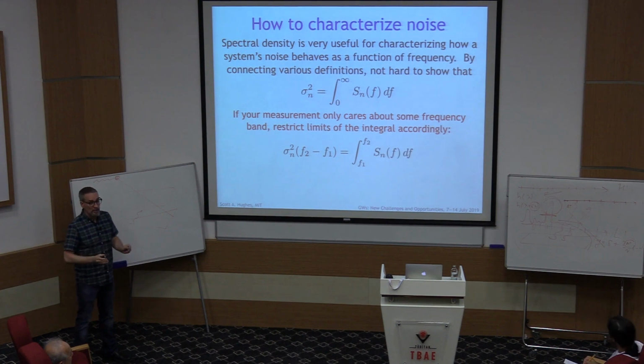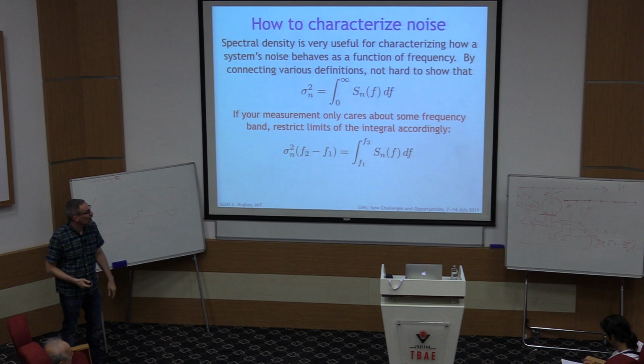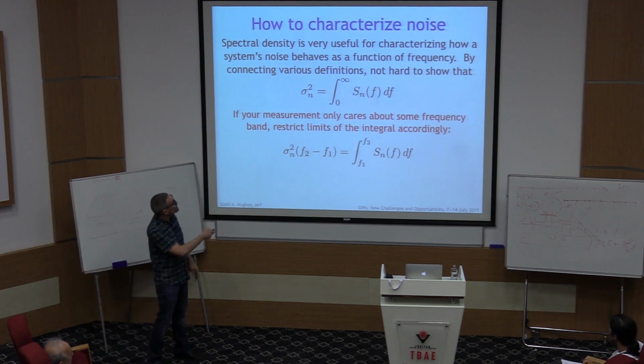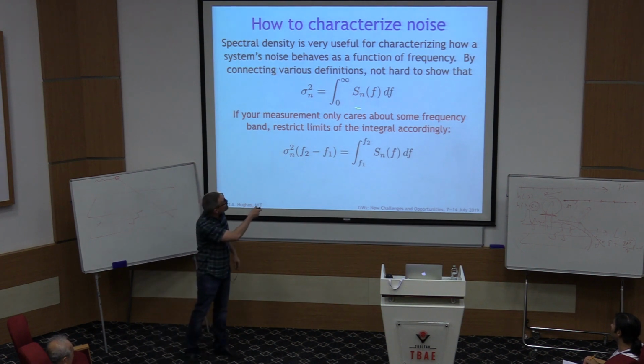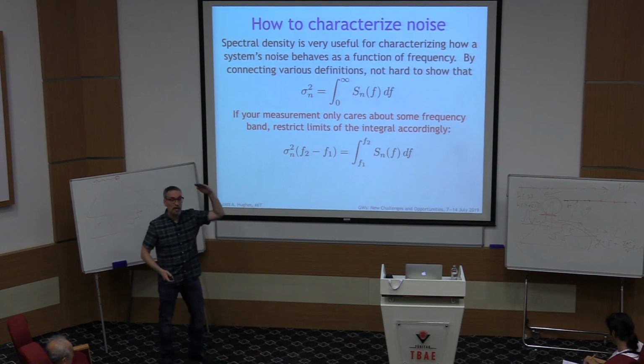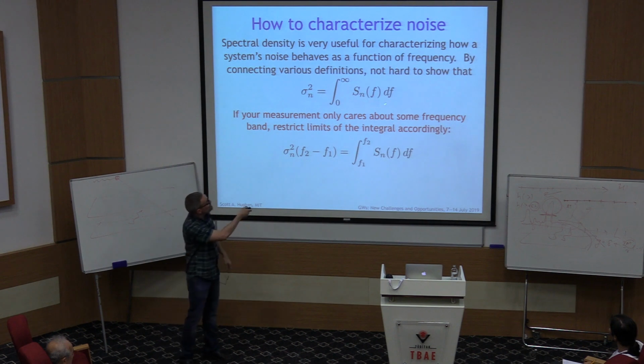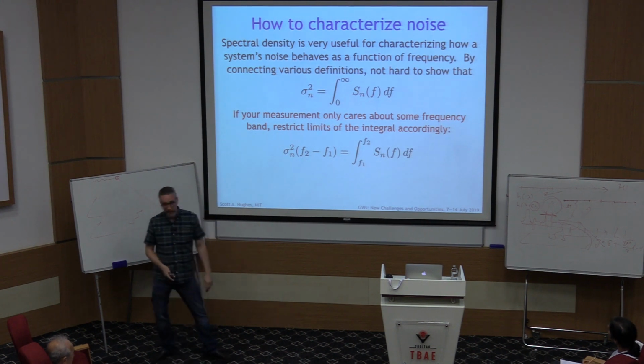Going down to 0 and up to infinity is not useful for most experimental purposes. So if I only care about the frequency in some particular band, I get the variance of noise associated with that band by just integrating over that band. And this, incidentally, is why we tend to talk about this thing as having units of inverse hertz. It's because I'm going to integrate it over a band of frequency and get a dimensionless number out of it.